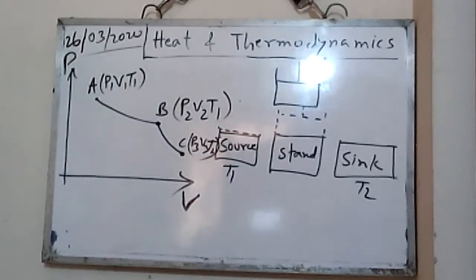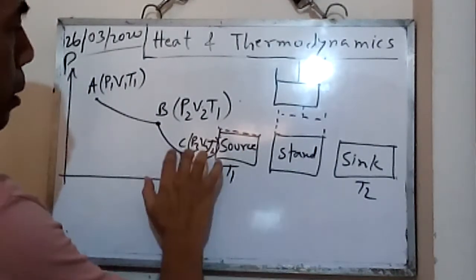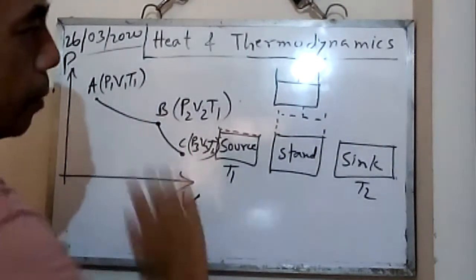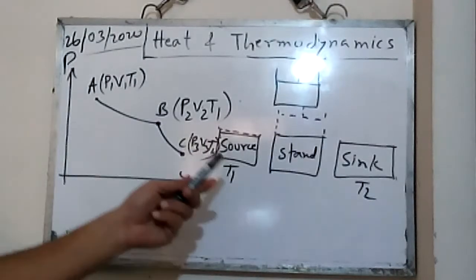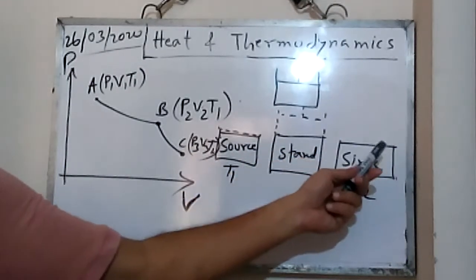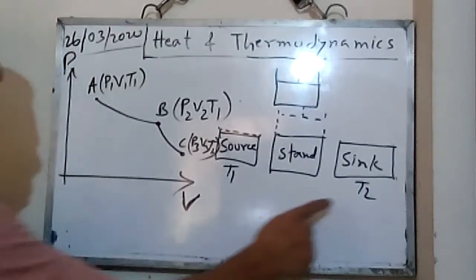Now, adiabatic expansion. This is B to C adiabatic expansion. Now the third operation. The cylinder is removed from the non-conducting stand and its bottom is placed in contact with the sink, where the temperature is also T2.